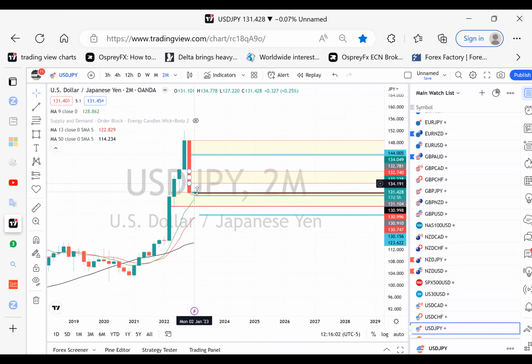And we knew that price needs to come back up here, tap into this OB and push down. Now, these are super high time frames, but it doesn't matter. Even though the time frames are super high, it just gives you, I guess, a long range view of what you can expect as a trader.